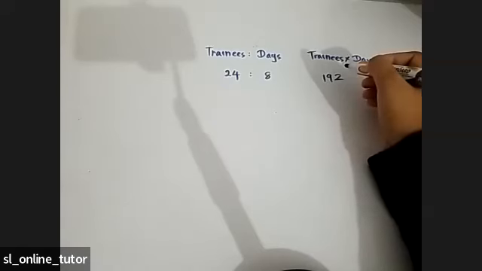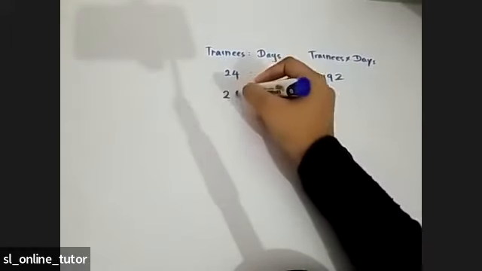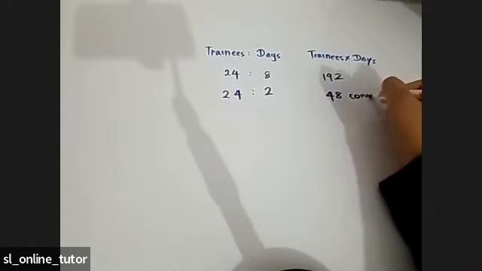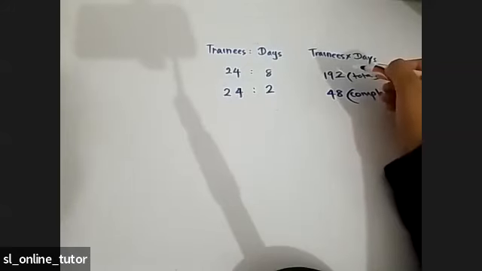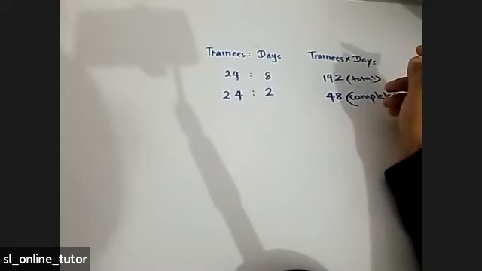However, 2 days after the camp. So after means they have survived for 2 days, these 24 people. So that means 48 are completed. Same like that. Completed, this is the total. After 2 days after the camp, 6 of the trainees had to leave.